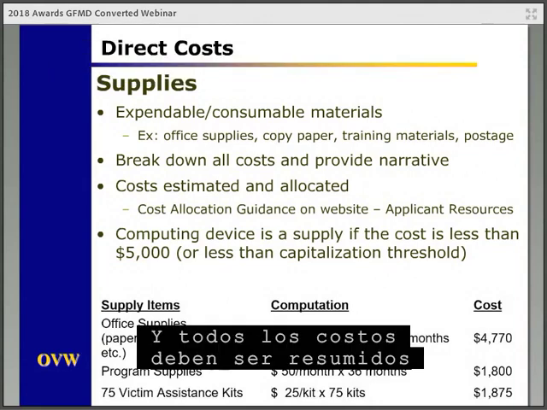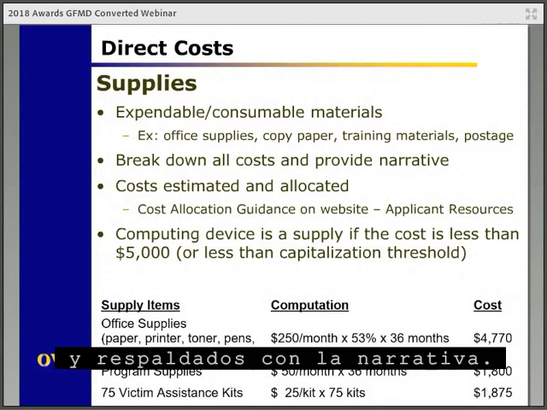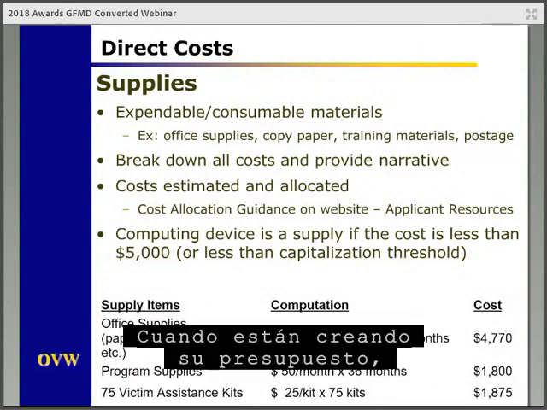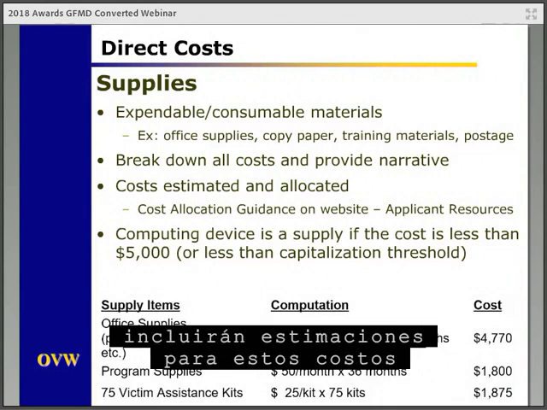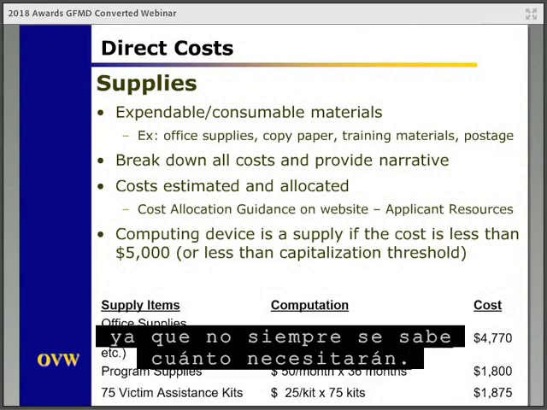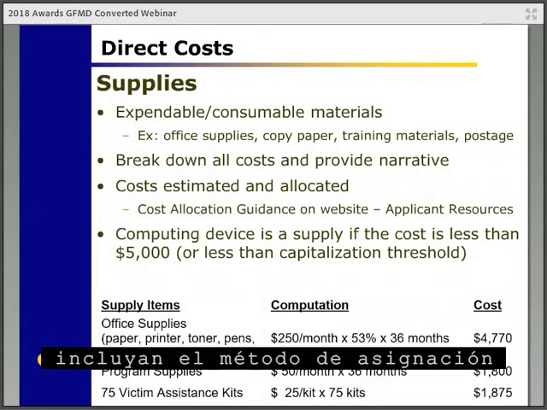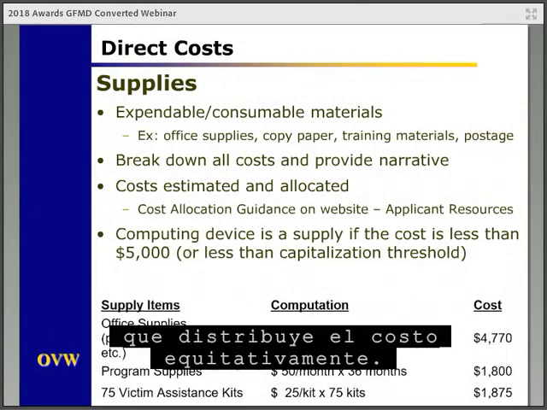And all costs should be broken down and supported with a narrative. Now, when you're putting your budget together, you'll include estimates for these costs, since it's not always known how much you'll need.